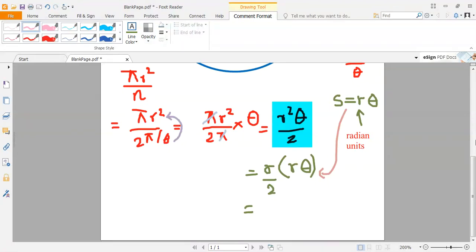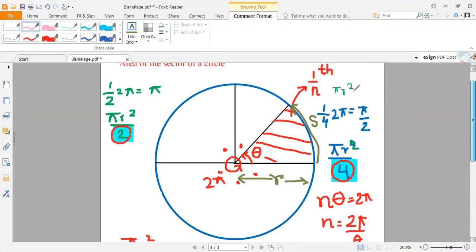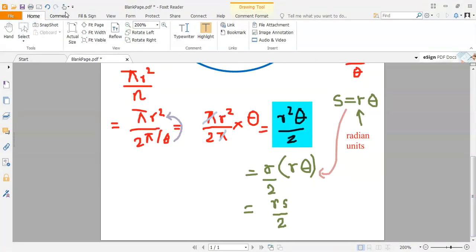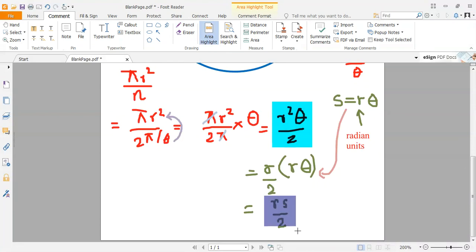If I replace this r theta with s, I get r s by 2. So this is one expression for representing the area of the sector of a circle, and this is another expression for representing the area of the sector of a circle, and that is how you find that out.